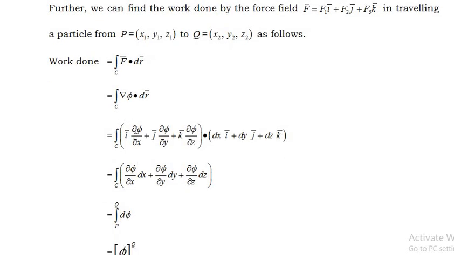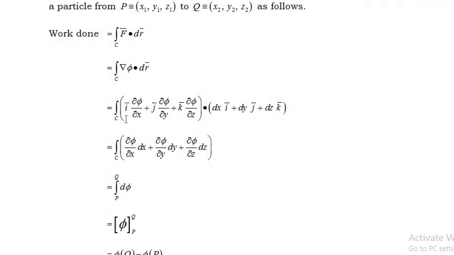Now grad phi is i del phi by del x plus j del phi by del y plus k del phi by del z, dot product with dx i plus dy j plus dz k, equal to integration over C. Now the dot product will lead us to del phi by del x into dx plus del phi by del y into dy plus del phi by del z into dz, and that is integration of the total derivative d phi from P to Q.